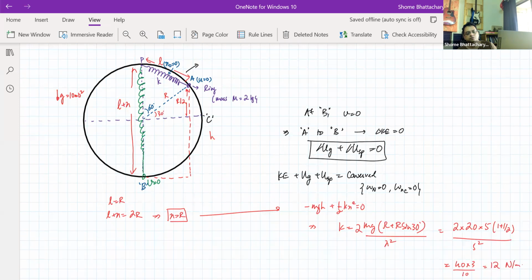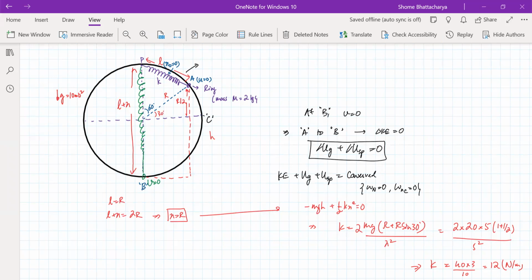So I'm getting 12 Newton per meter. Just check the solution. Yes, that's correct. Okay. So that was one thing.